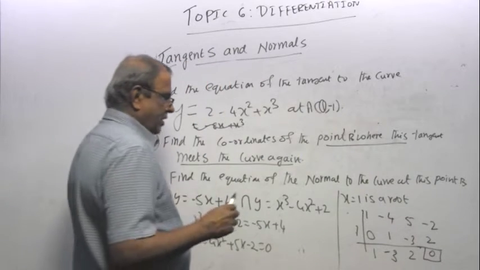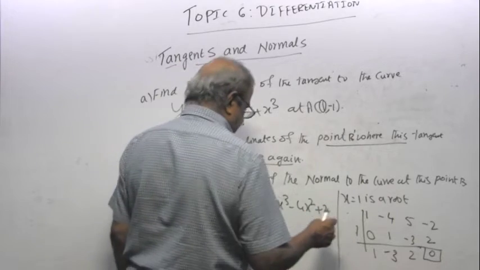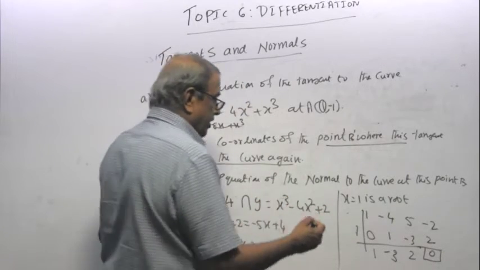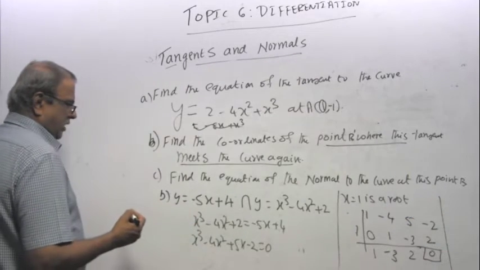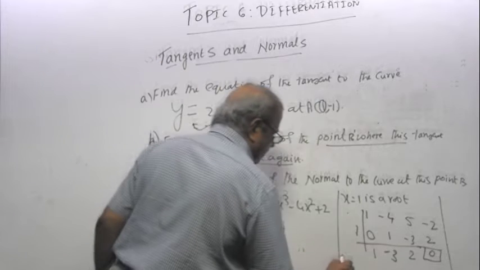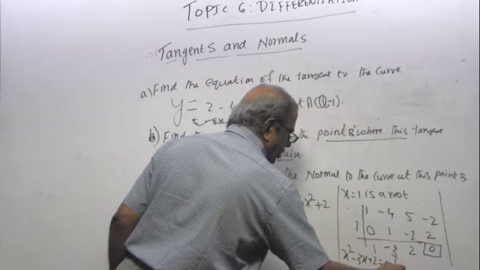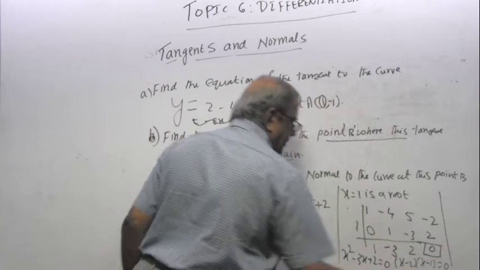Otherwise you are wrong. This was an x cube, and I am dividing by an x, so I am left with an x squared. So it's x squared minus 3x plus 2 equal to 0, which is x minus 2 times x minus 1 equal to 0.